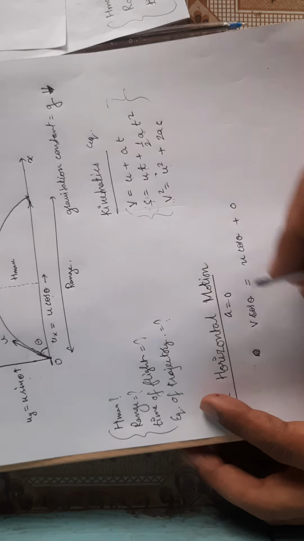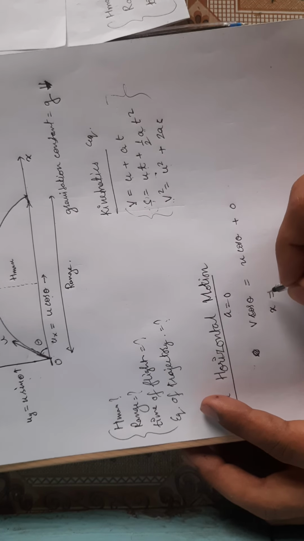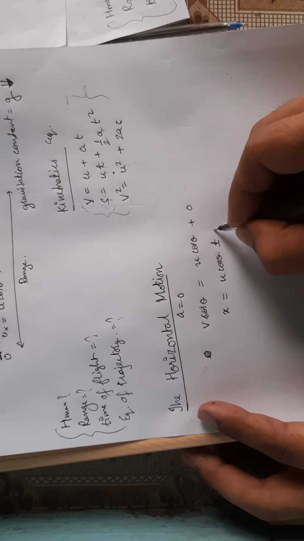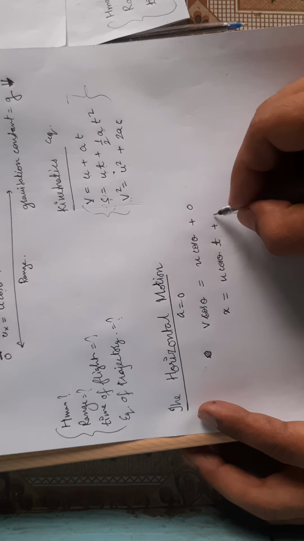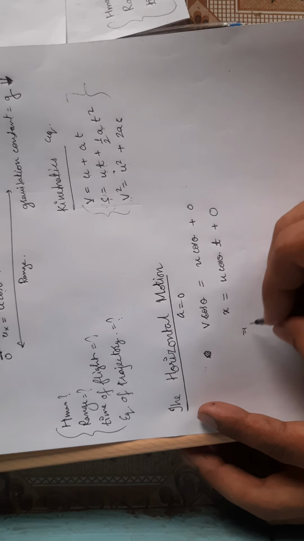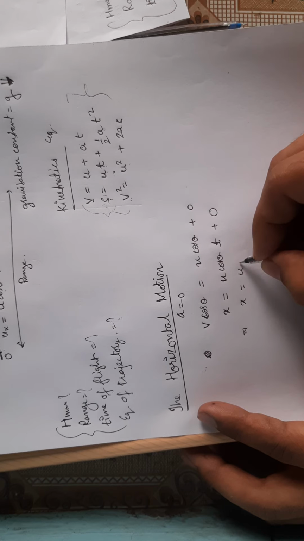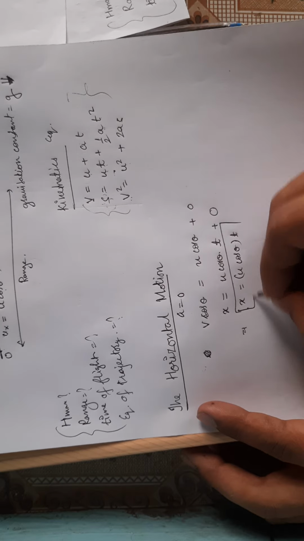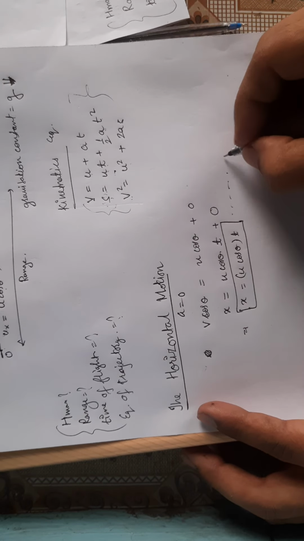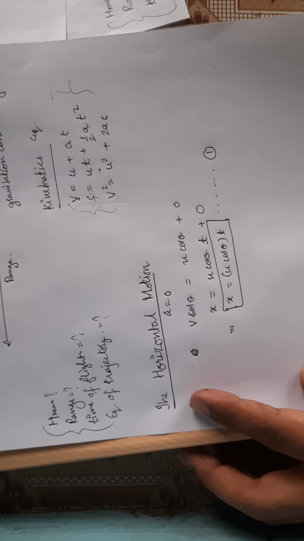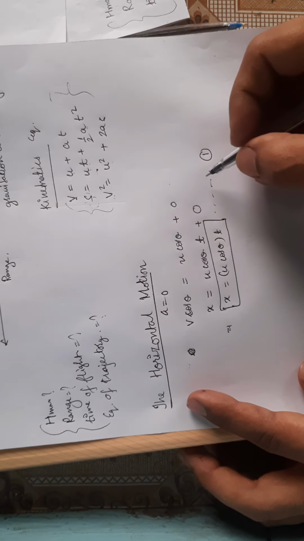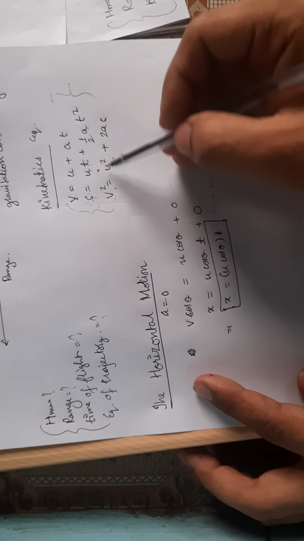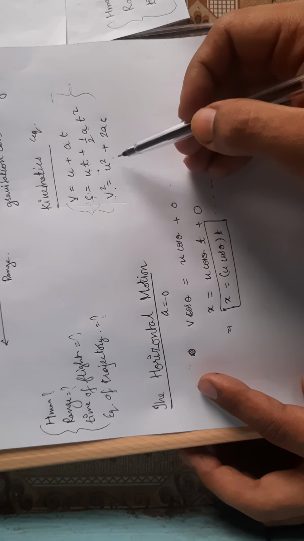So we can write s as x, and x is equal to u cos theta t plus 0. So here we have x equals u cos theta t, an important equation which is used in further calculation. We can take it as equation number 1. And the last one is v square equals u square plus 0, so it is not important for us.